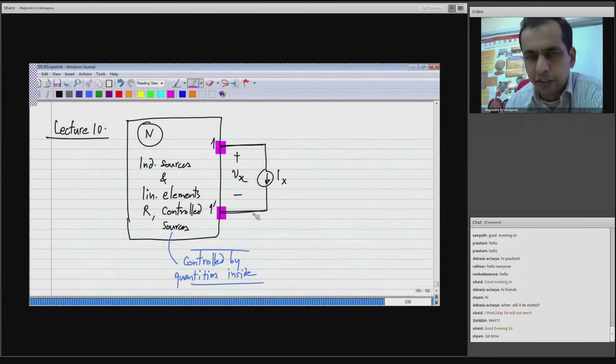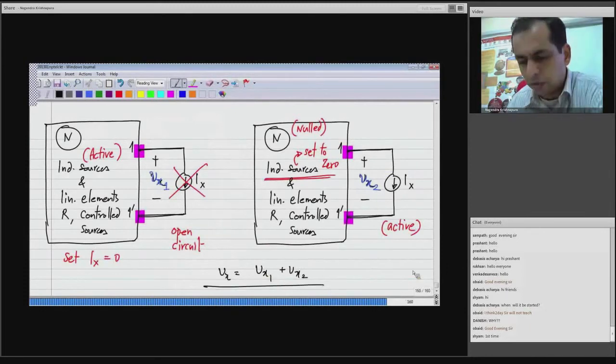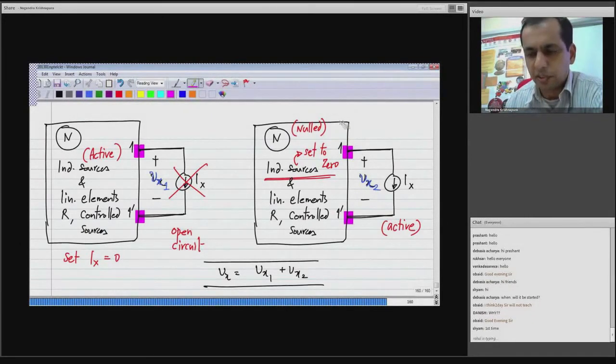And this Vx, which is the solution you are looking for, is nothing but Vx1 plus Vx2. Vx1 is what you calculate by setting Ix to 0, and Vx2 is from nulling the circuit and finding the voltage. Is this part clear?